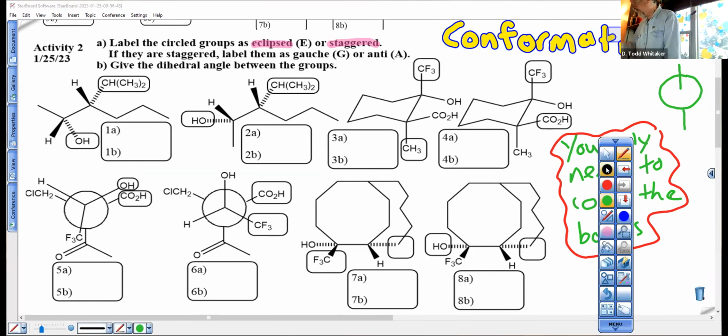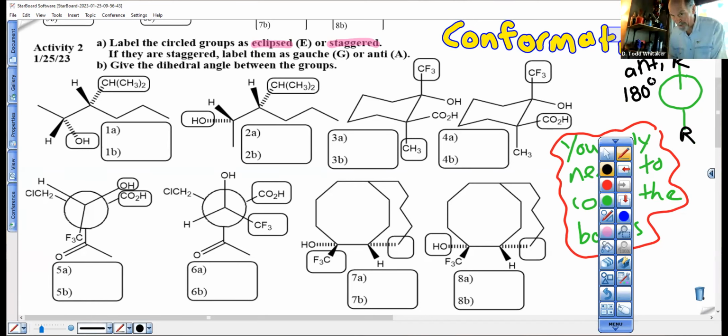Groups in organic chemistry can be R for generic. That's called anti, and they have an angle of 180 degrees between them. That's called the dihedral angle.